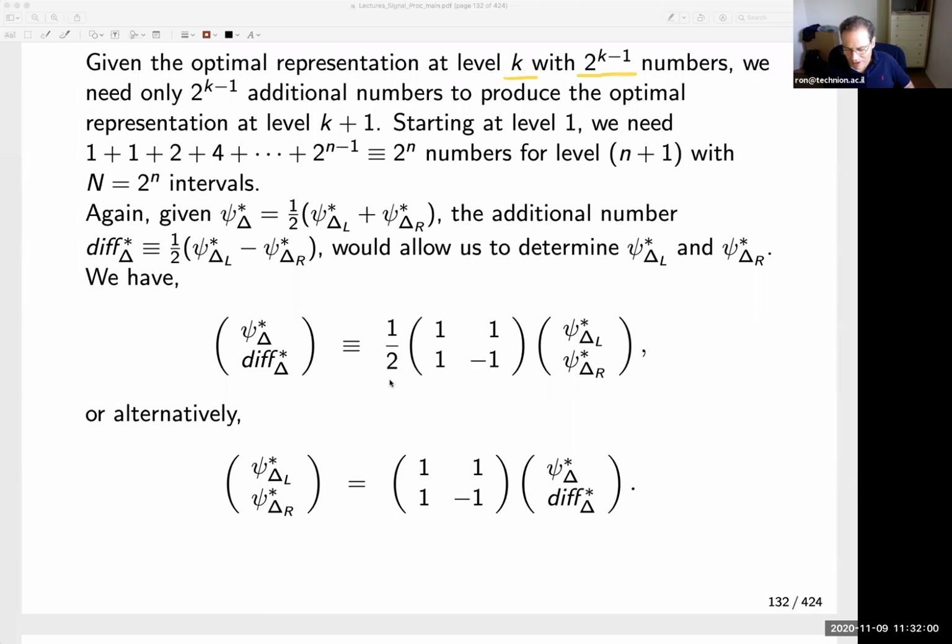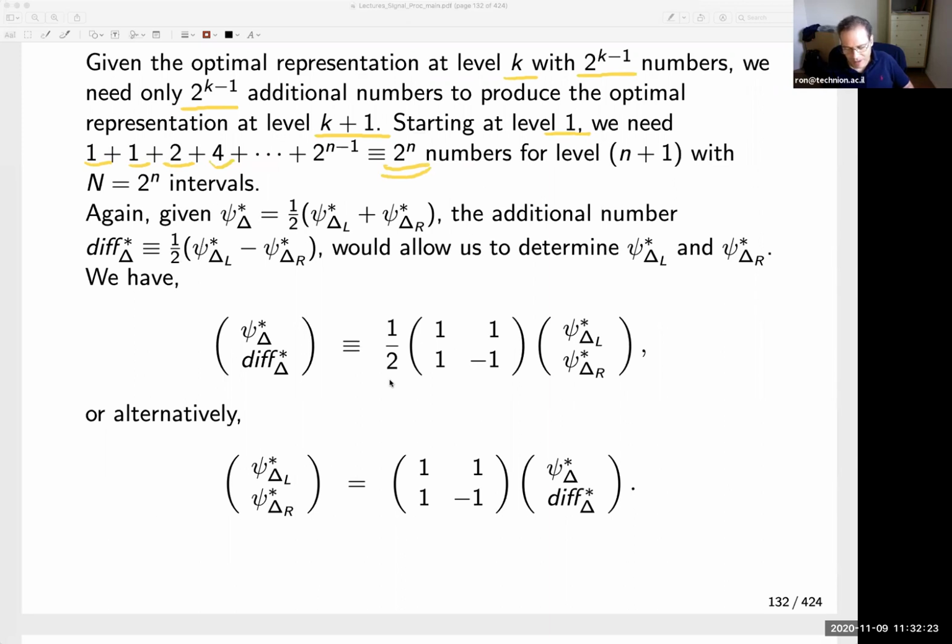The answer is that we need only 2 to the power of k minus 1 additional numbers to produce the optimal representation at level k plus 1, if we start at level k. So what we actually end up needing is 1, plus 1 for the next level, plus 2 for the next level, plus 4 for the next level, etc., etc., that sum up to 2 to the power of n.